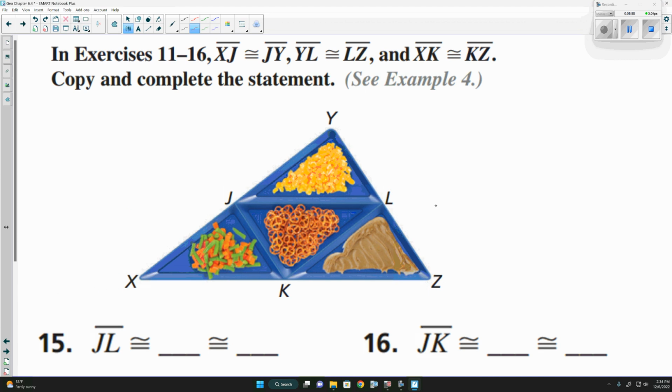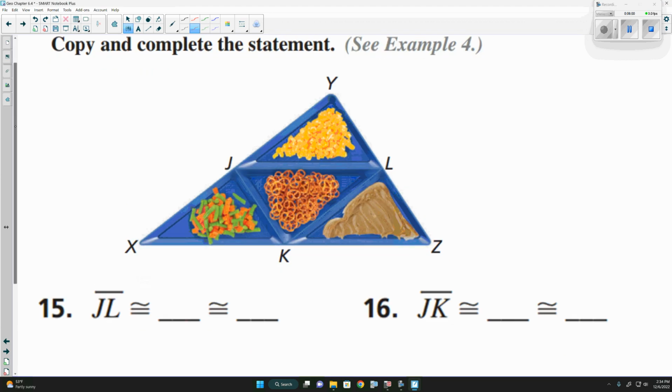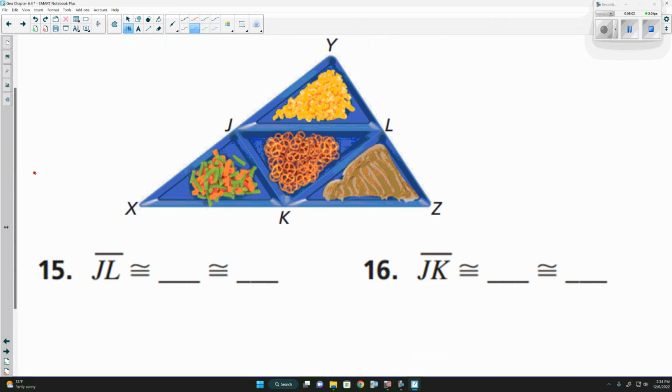Next two. So if we look at these next two here, we have JL, which is going to be congruent to what?